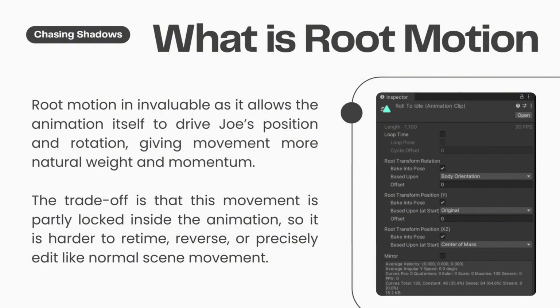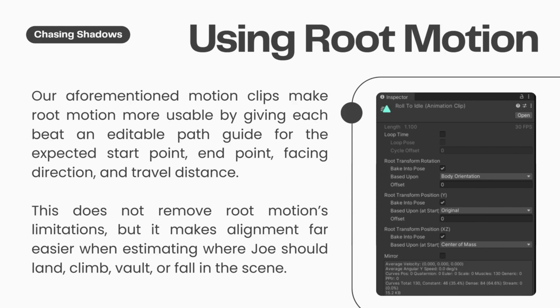The way we implemented this into our animation is by making the motion clips override the root position once the root motion animation is complete, which then provides us with an expected start point, end point and facing point. Not perfect, as there are limitations with alignment, but it estimates where Joe should be.